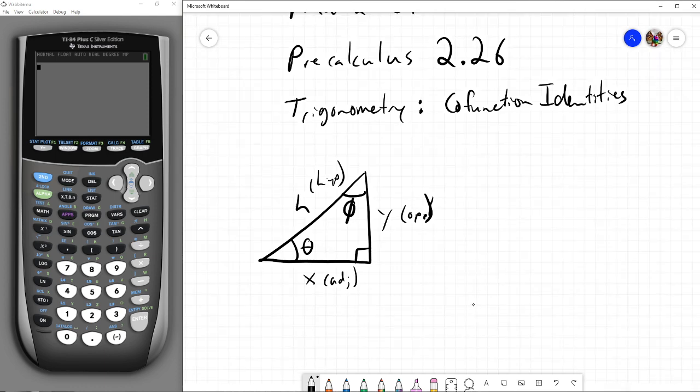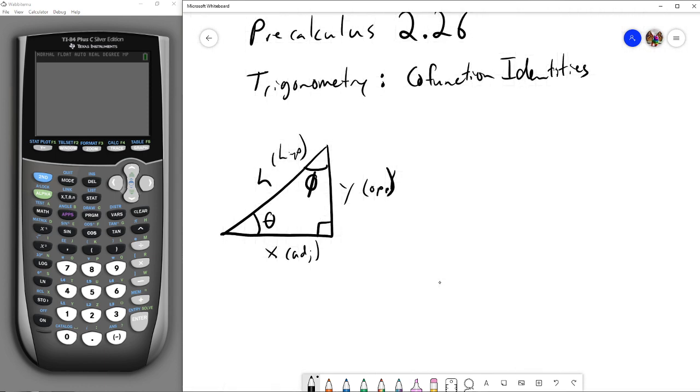Alright. So if we think about sine theta, that's equal to x over h. Well, we could also think about it in a different manner here.